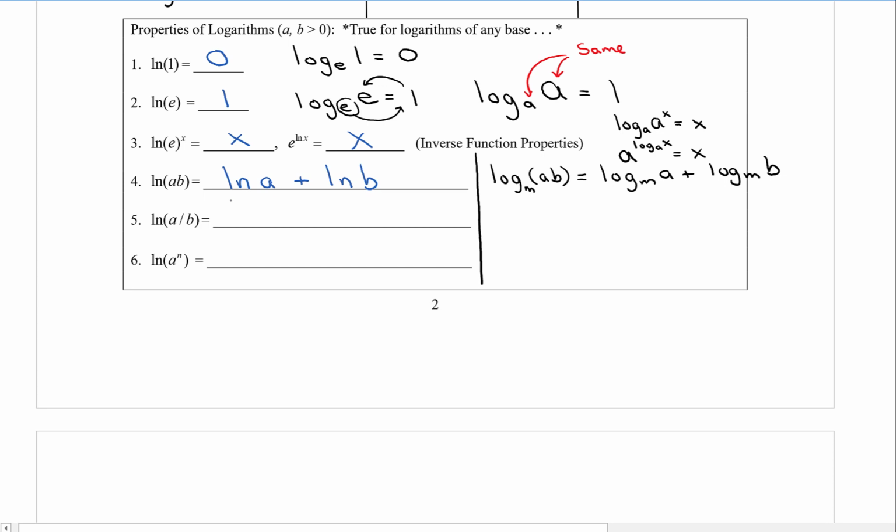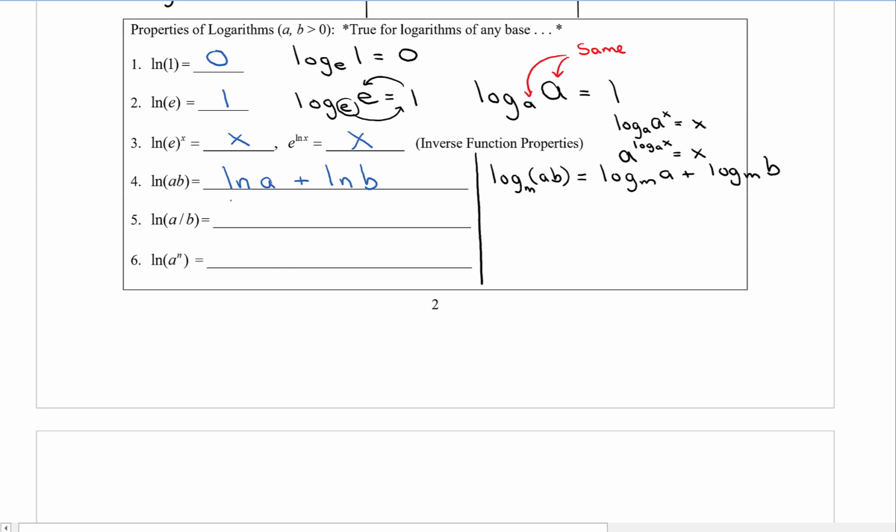Let's go on to property number 5. Property number 5 is going to represent that the log of a quotient is the difference of the logs. So let's begin by representing the property that has the natural log in it. So for number 5, this one states the natural log of, we're going to open up a set of parentheses here, we're going to have the quotient a divided by b, and then close the parentheses.